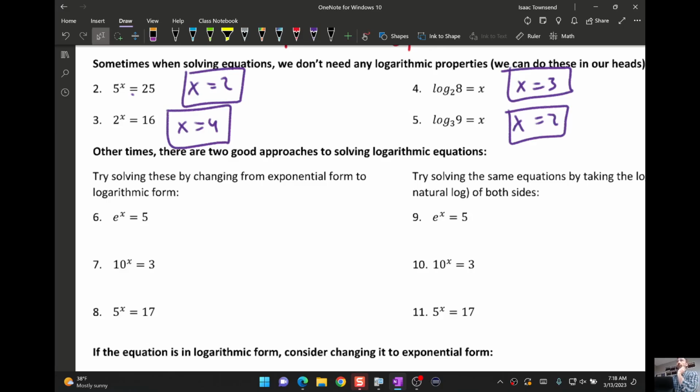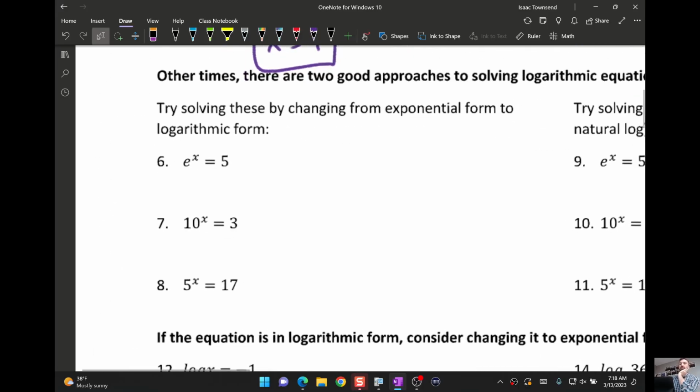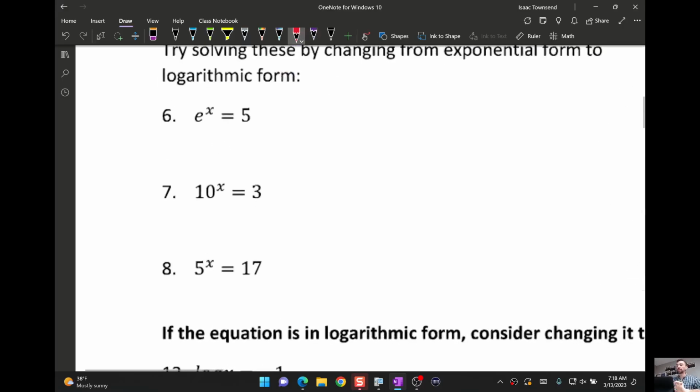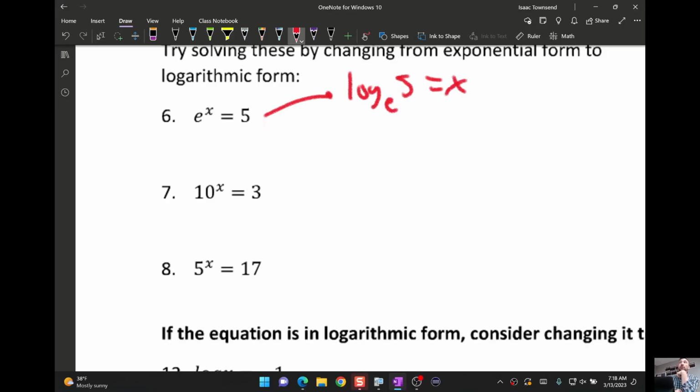The next thing I check for, and this is the biggest one, is switching forms, either from exponential form to logarithmic form or from logarithmic form to exponential form. If you have this equation and we're solving for a variable in the exponent, you could switch it from its current form to logarithmic form. Remember, for logarithmic form, you put log out front and then these two switch places. And then if you have x equals, then it's solved.